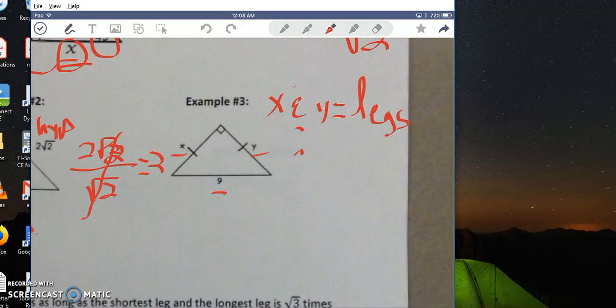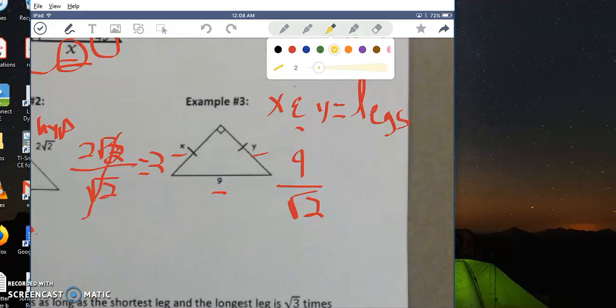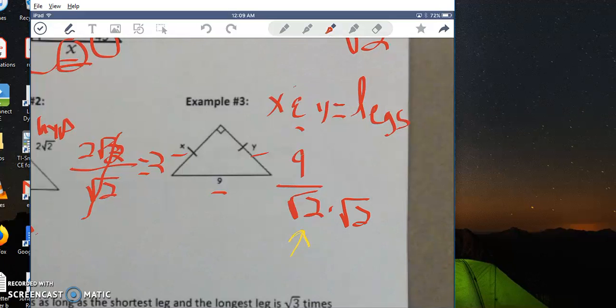So the hypotenuse is 9, so now we have 9 over radical 2. If you remember in Algebra 1, we don't like having a denominator with a radical in it. So to get rid of it, we multiply it times itself.